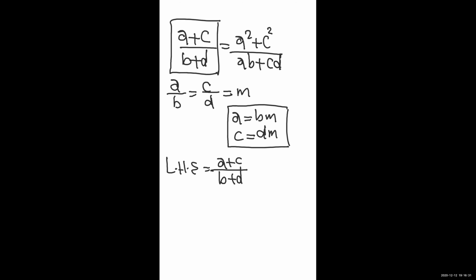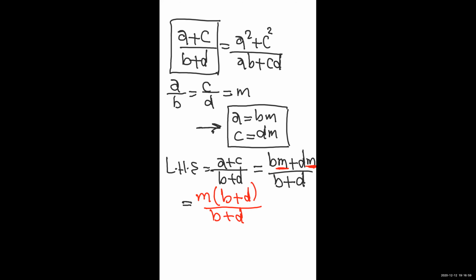So A plus C means A equals BM from this one, plus C, which is DM, over B plus D. So it will equal, now M is a common factor here in the numerator, so M, then bracket, then the remaining will be B plus D over B plus D. So now we can simplify the two terms in the numerator and denominator, so it equals M. So the left hand side equals M.